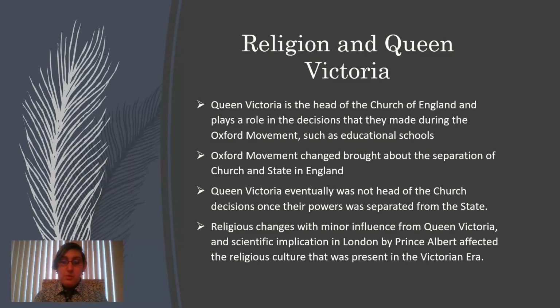And that was when kind of her influence in the matter was lost. But she did have influence in the matter when the educational schools were being brought up, also along with the scientific implications being brought into London by Prince Albert. All of that affected the religious culture present in the Victorian era.